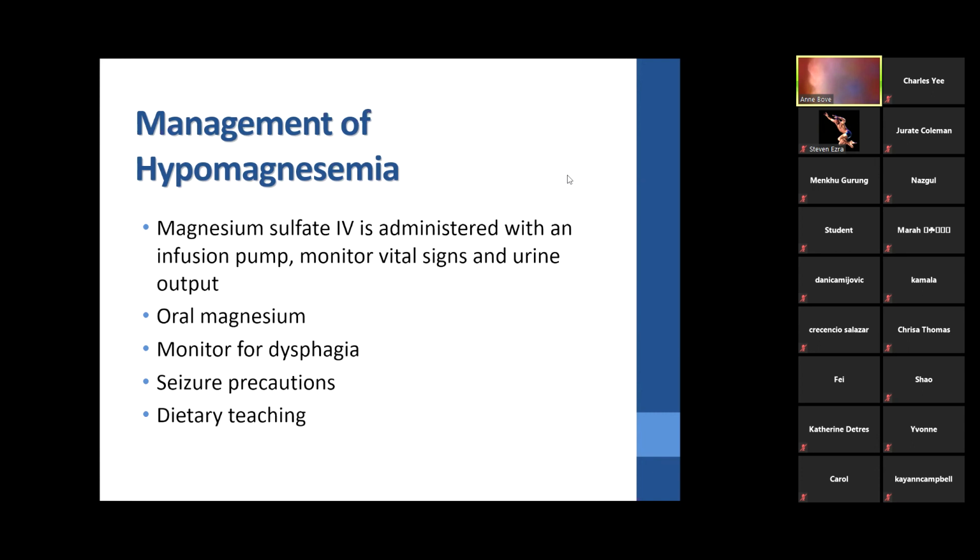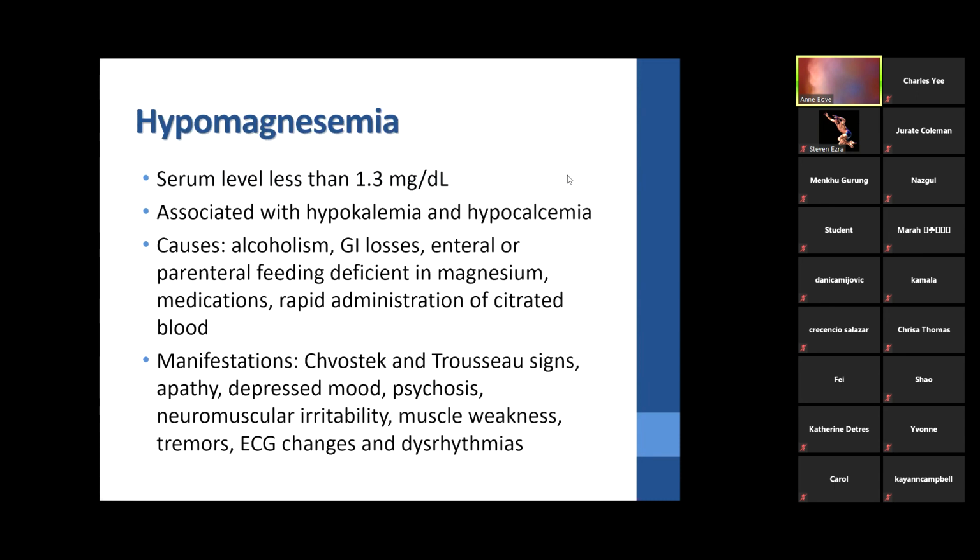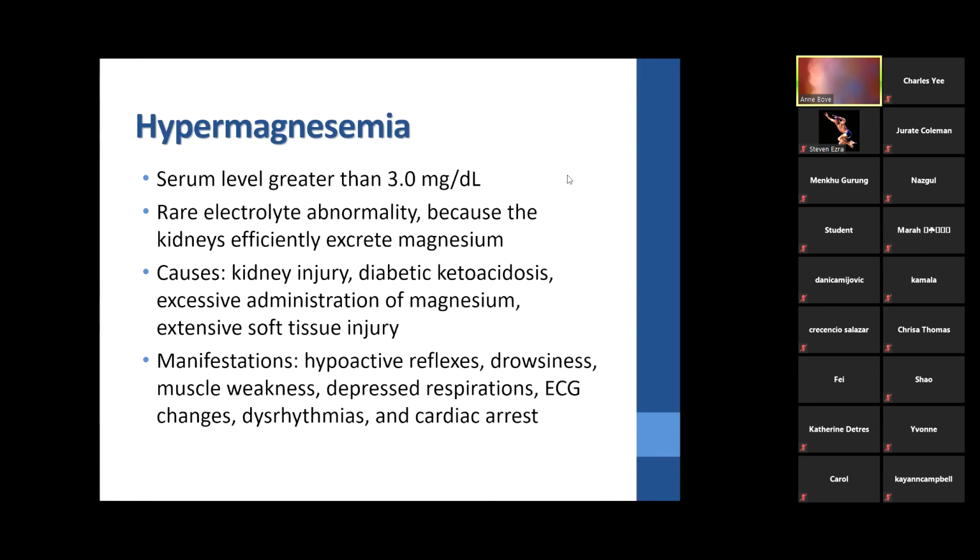Hypermagnesemia, you're looking at a level greater than 3 milligrams per deciliter. Generally speaking, a high magnesium level is associated with renal failure.